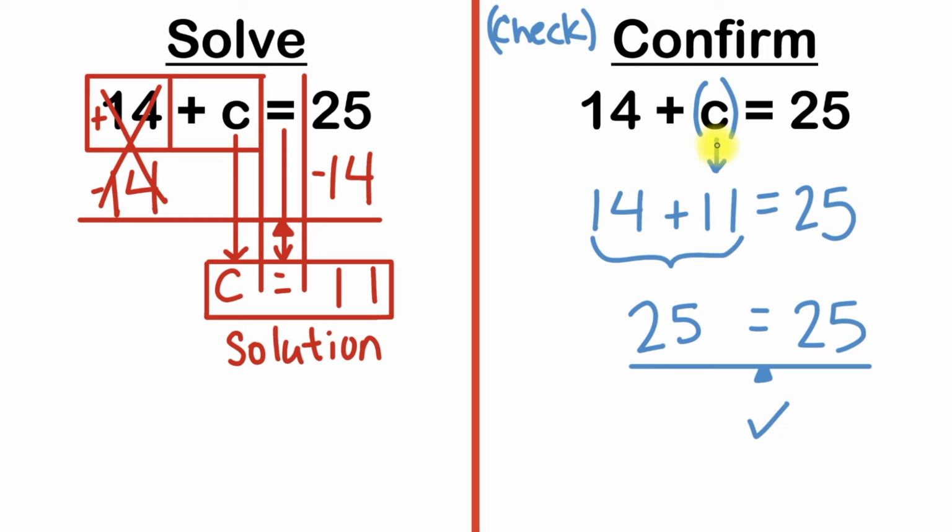If you plugged in something for c and saw that they weren't equal, that means you made a mistake somewhere and had to go back to solve your equation. But in this case, it worked out perfectly. So again, our solution is c equals 11, and we confirmed it by plugging it into the original equation.